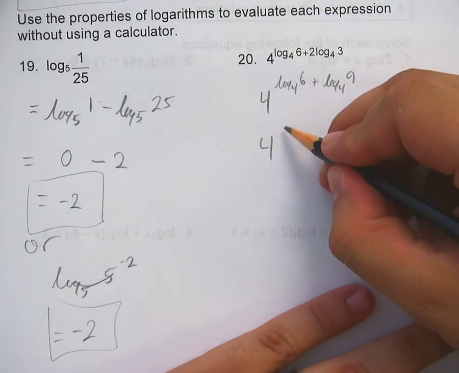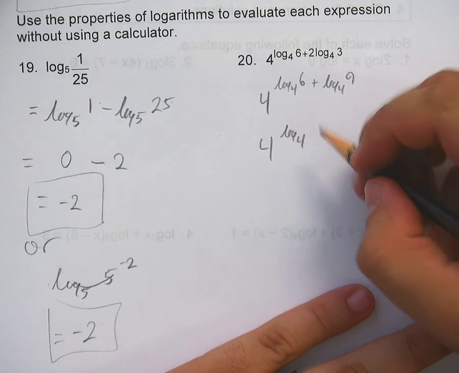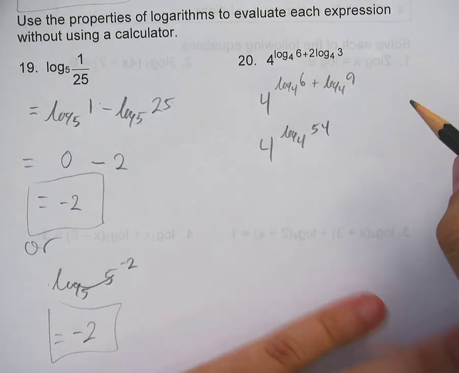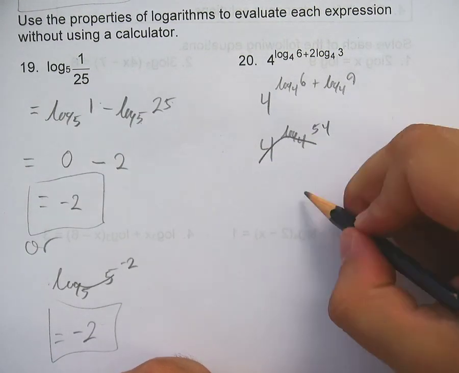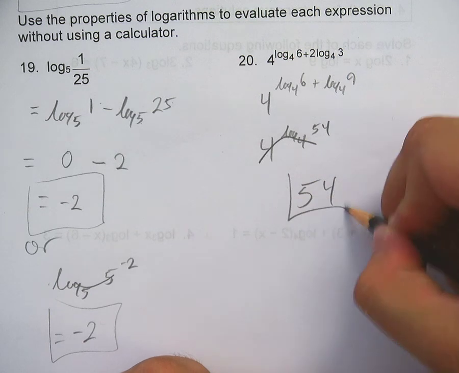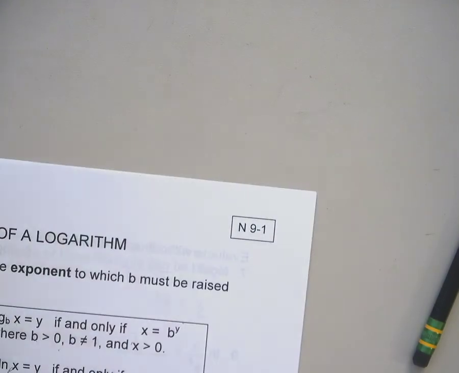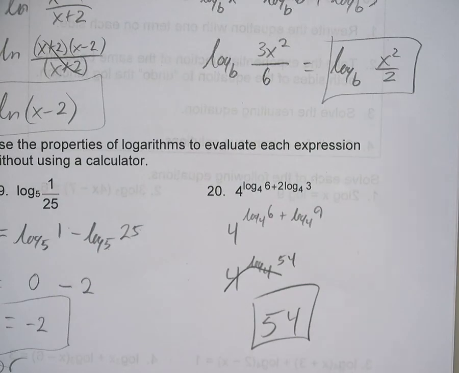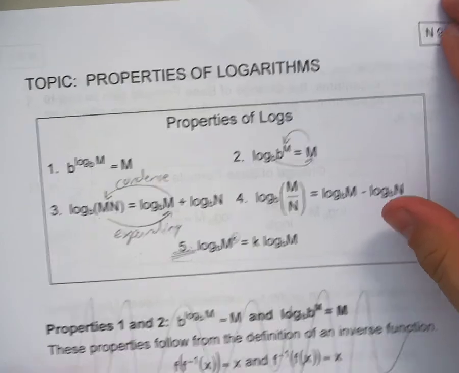So that's going to be log base 4 of 6 times 9, 54. And 4 to the log base 4 goes away. 54 is your answer. So not too bad. Not a lot that goes into those, but just a lot of getting used to is mainly what it is. And it all goes back to these 5 properties here.